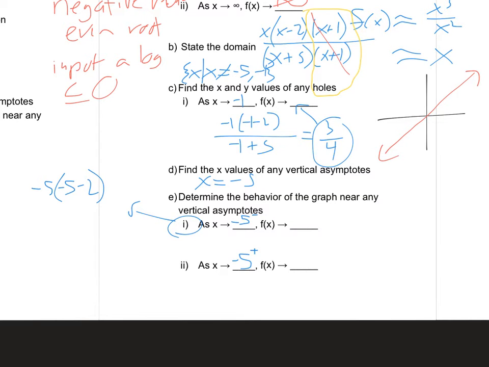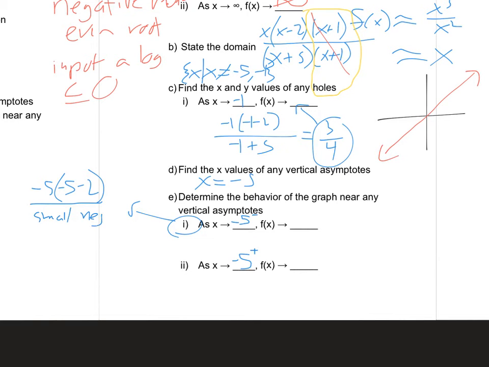Then in the denominator, I know I can't actually plug in -5 because it will be 0, and I want to avoid that. But if I plug in something really close to -5, but also on the left of -5, like -5.1, I'm going to get a really small negative number.